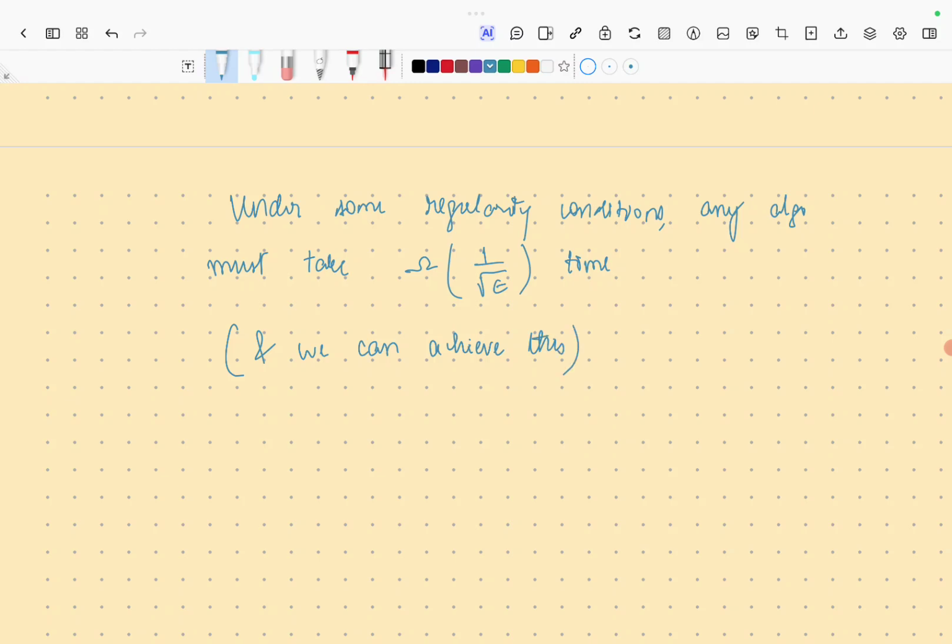Sorry? You use some regularity assumptions. So okay. If you look at one of the reference books, the book by Nisheeth Vishnoi, there's a proof that is given which makes certain assumptions.